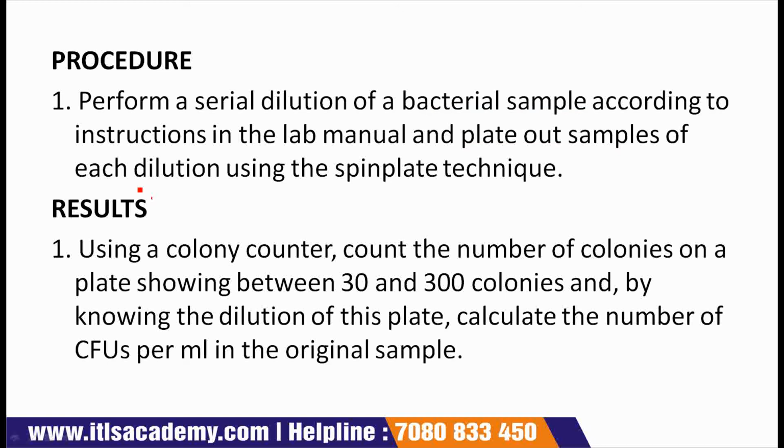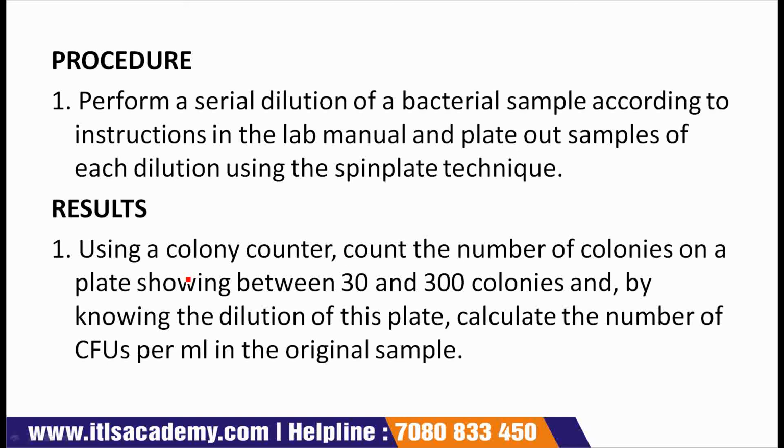For the results, using a colony counter, most of the time it is something like this. This is divided into 4 parts and you just have to count colonies in all of these divided parts. In 4 parts you will count the colonies and finally multiply with the dilution factor, and by the formula you will find the number of microorganisms.